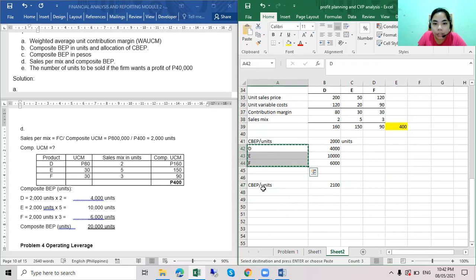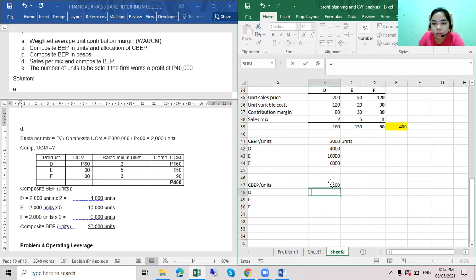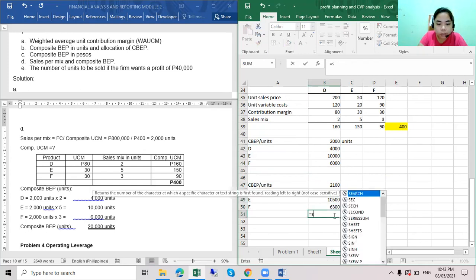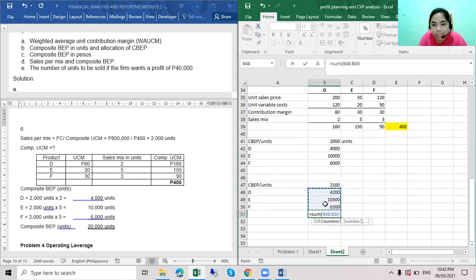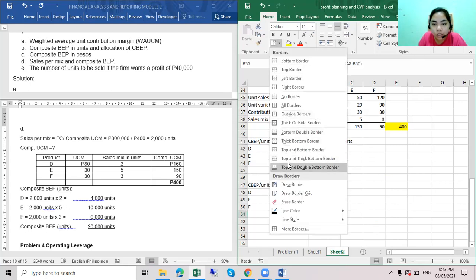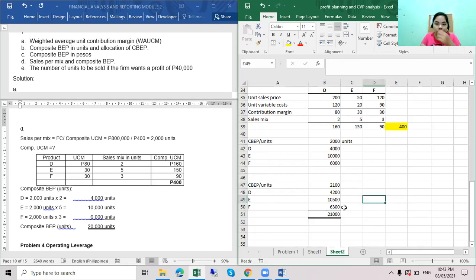So for D, E, and F, that equals 2 times 2 sales mix, so it must sell 4,200, times 5 sales mix for E, times 3 sales mix for F. If we total this, it needs to sell 21,000 units. It needs to sell 21,000 units to have a profit of 40,000.